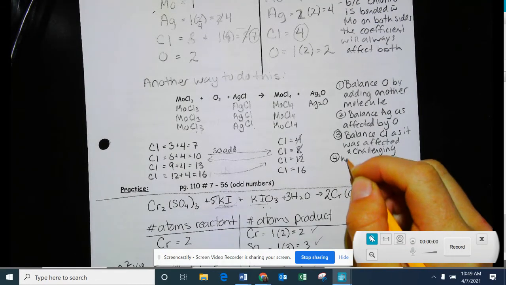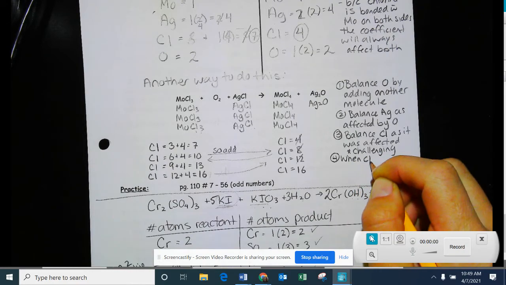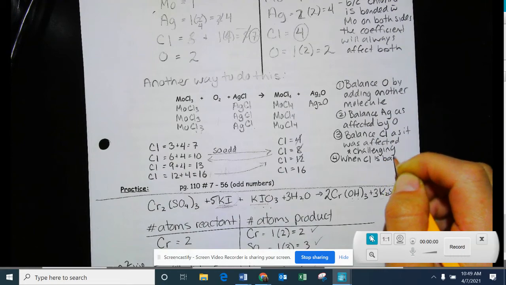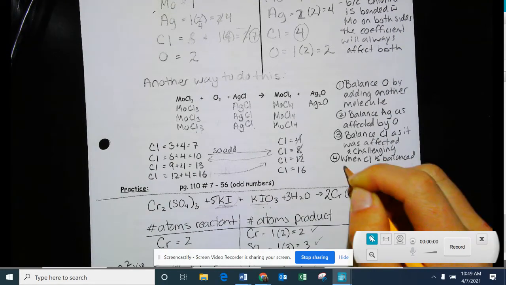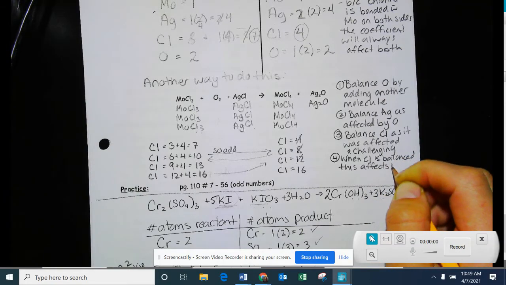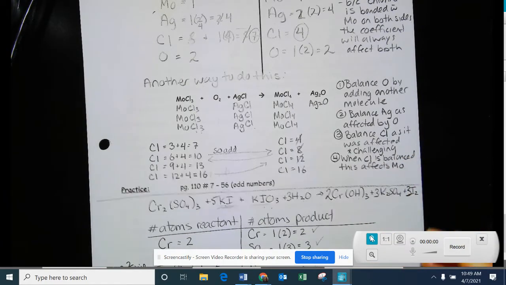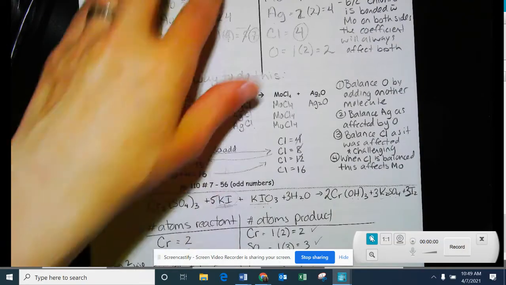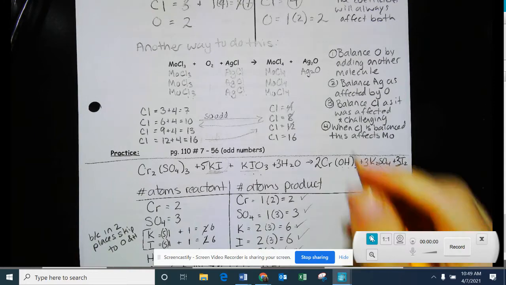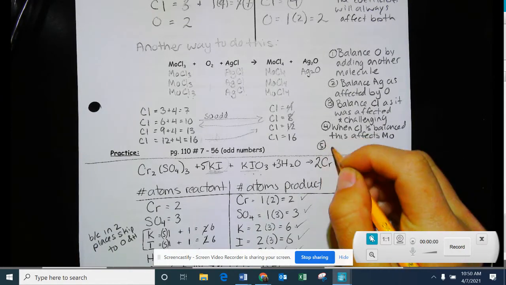So when Cl is balanced, this affects Mo. So you have to make sure that you go back and balance the Mos as well, and make sure you're always kind of keeping track of that. And then just go back. You're just going back and forth until they're balanced.